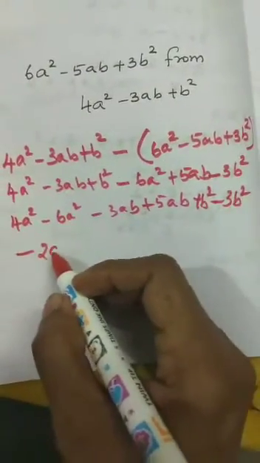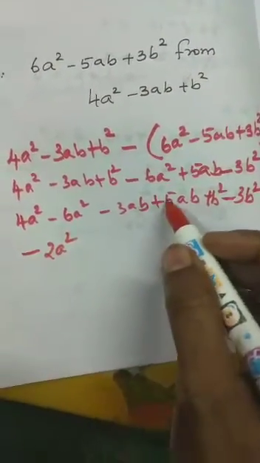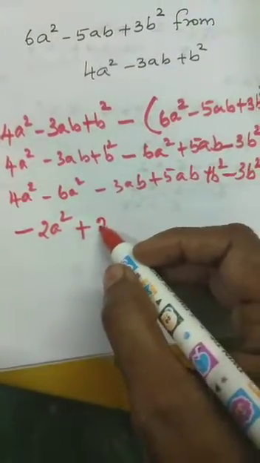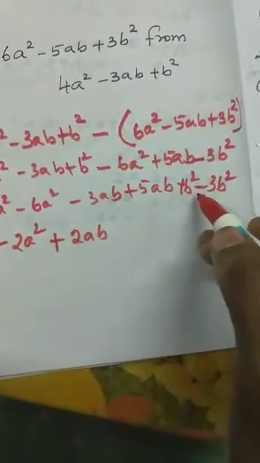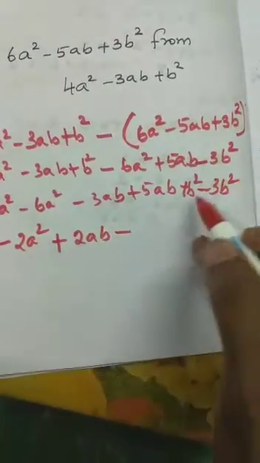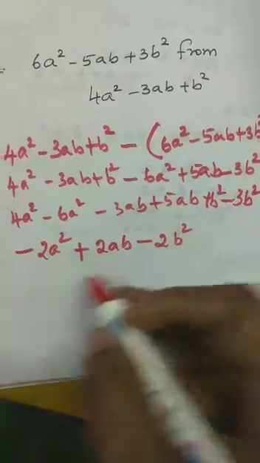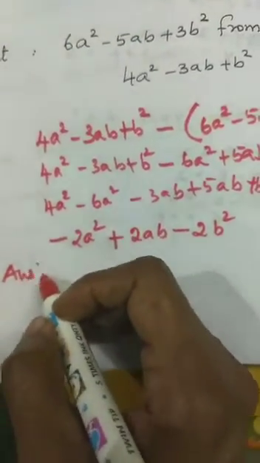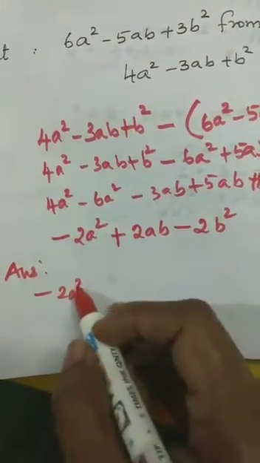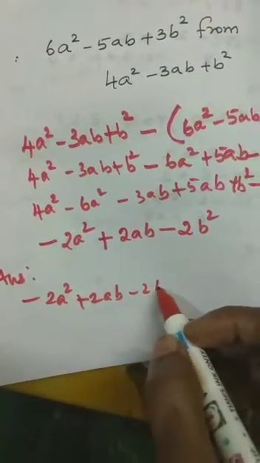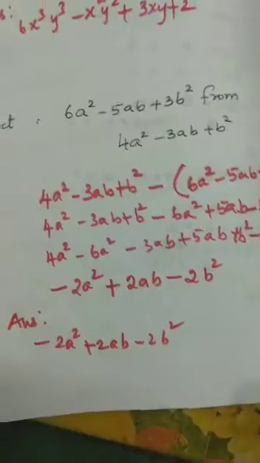Minus 2a square. Here bigger number sign is plus, so 2ab. Here bigger number sign is minus, 3 minus 1 is 2b square. Then the answer: minus 2a square plus 2ab minus 2b square. This is the answer.